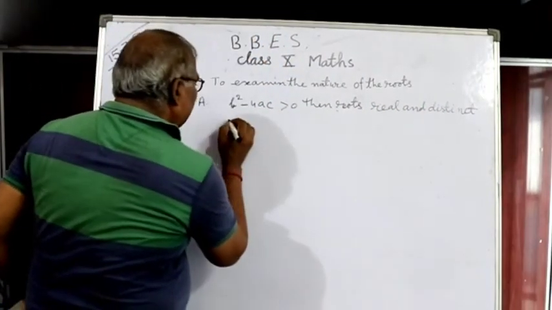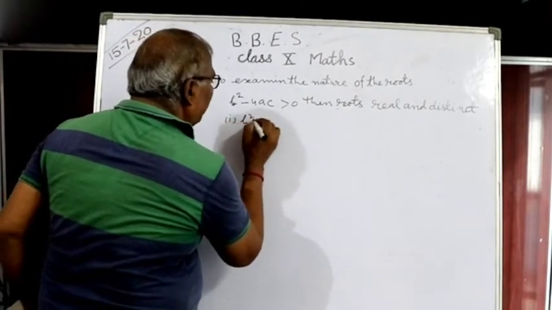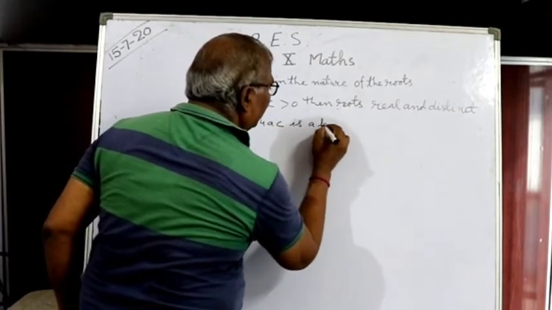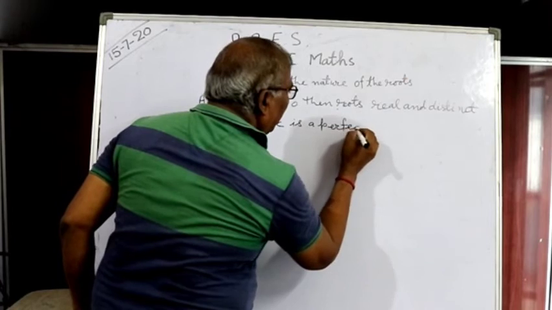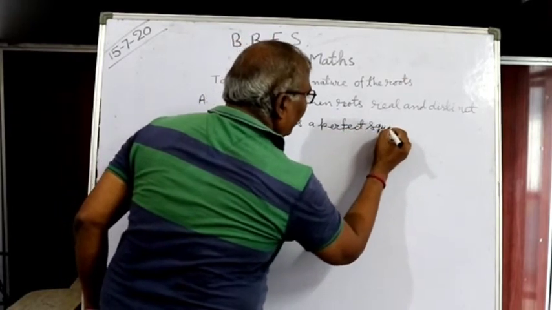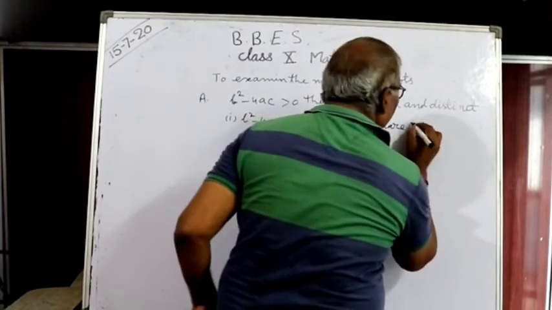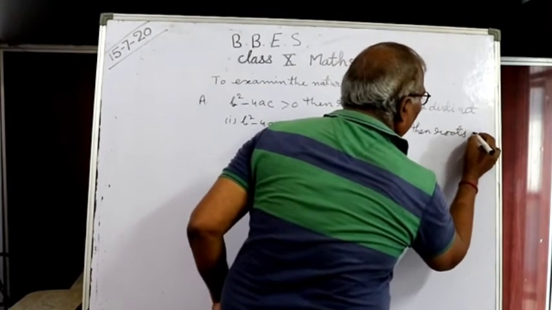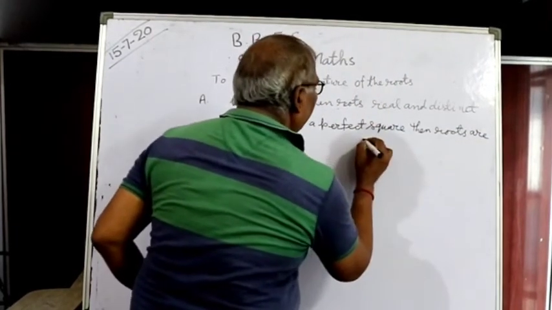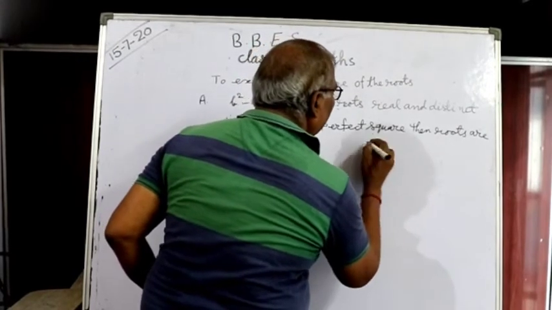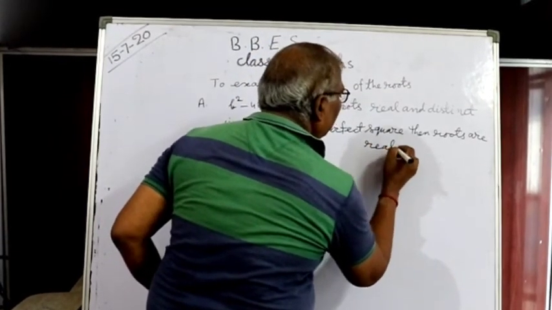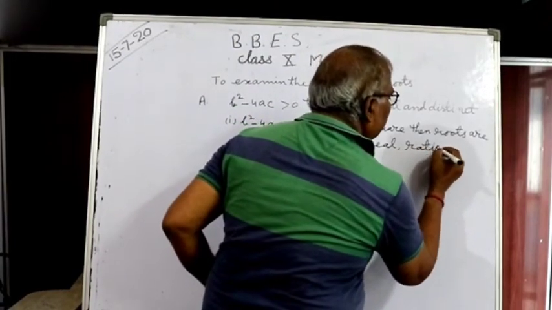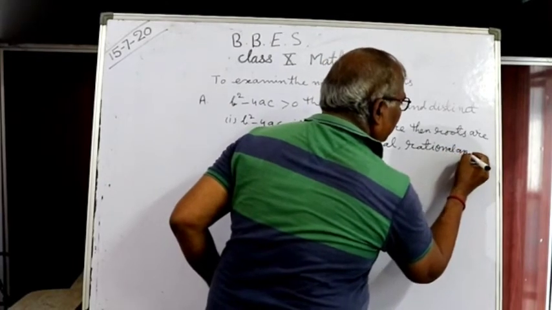There are two cases. First, b square minus 4ac is a perfect square. Then the roots are real, rational and distinct.